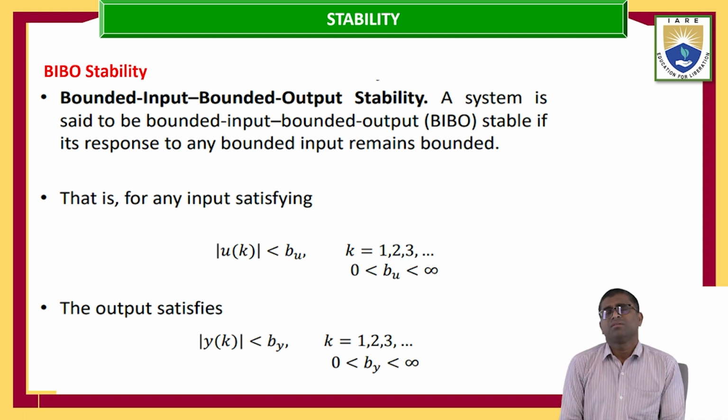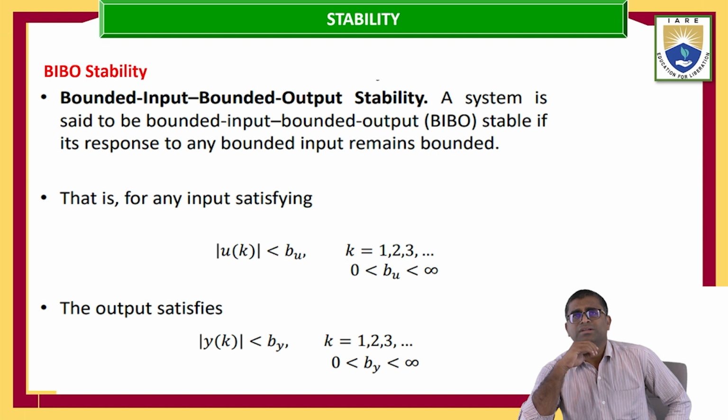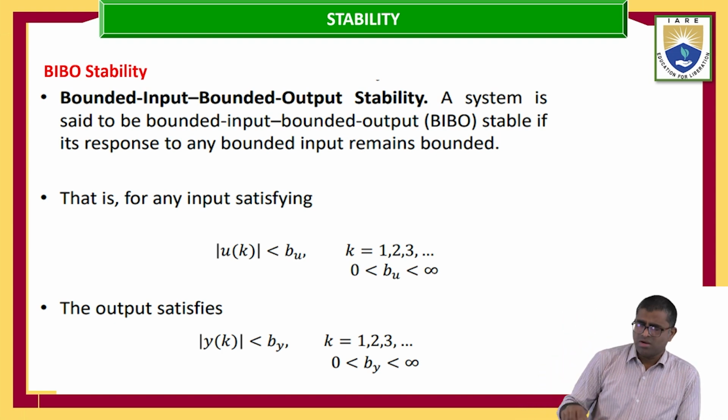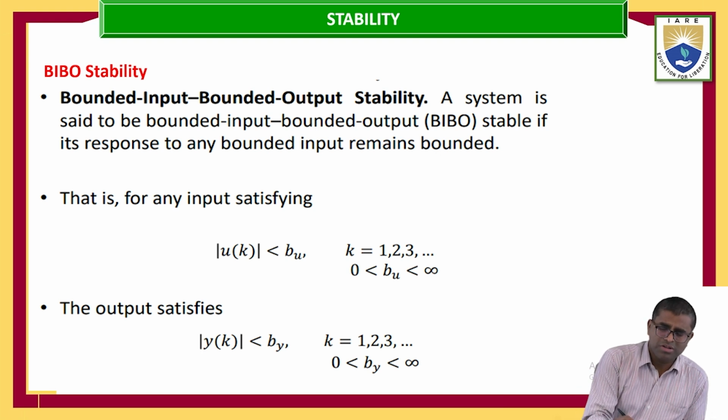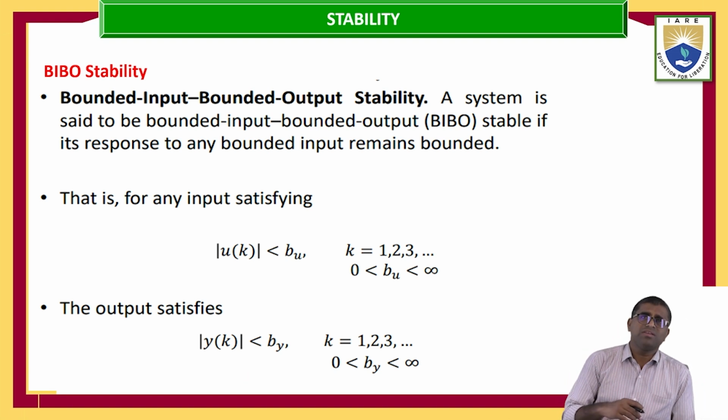That is, if you take any system and give bounded inputs, and you get bounded outputs, then the output satisfies y of k less than some bound, where k goes up to infinity.